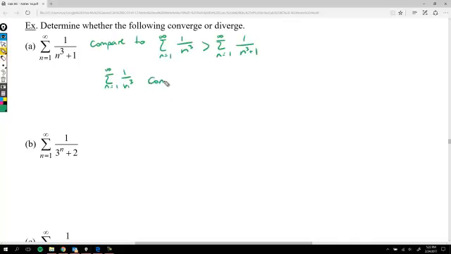I know that this converges because it's a p-series with p being 3, which is greater than 1. And because my comparison series is larger and it's convergent, that means that my given series also converges.